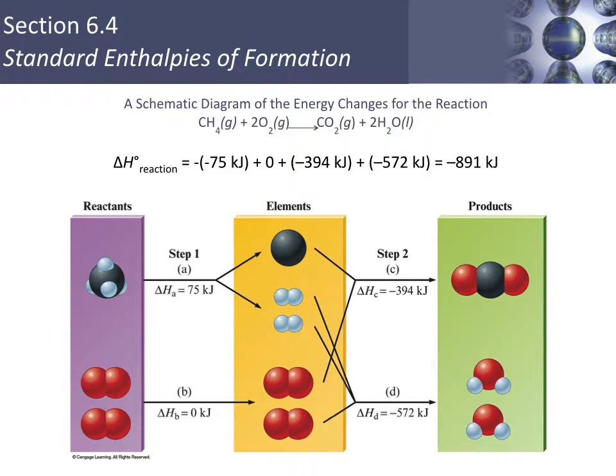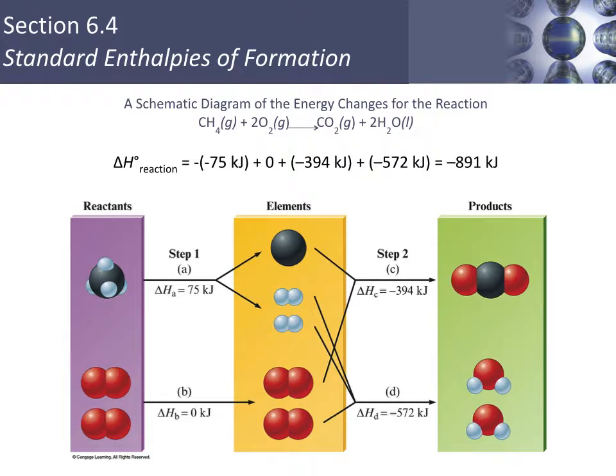And if we look down at step B, when we're going from reactants to products, we don't need to break apart the individual oxygens at this point. So there is no change in energy going from the reactants to the elements at this point.